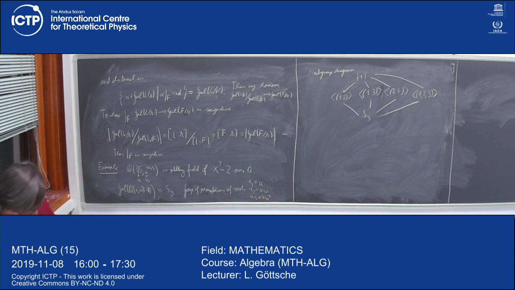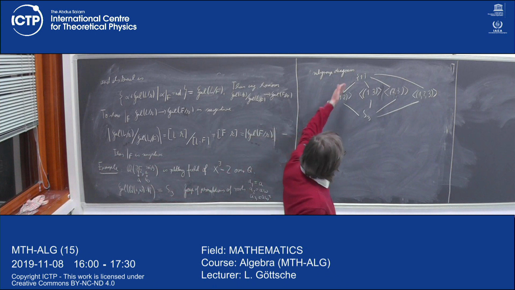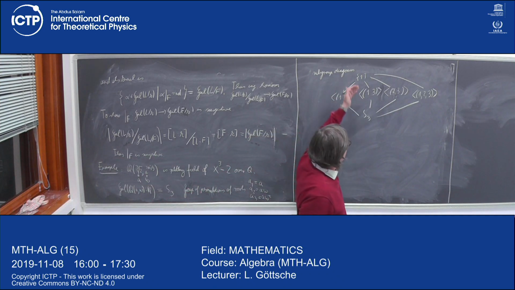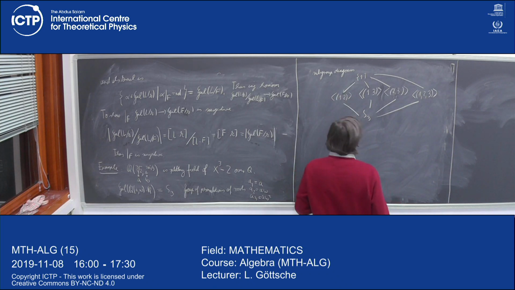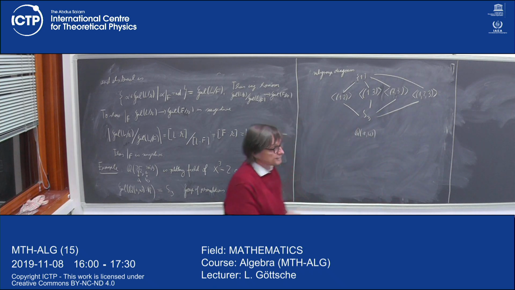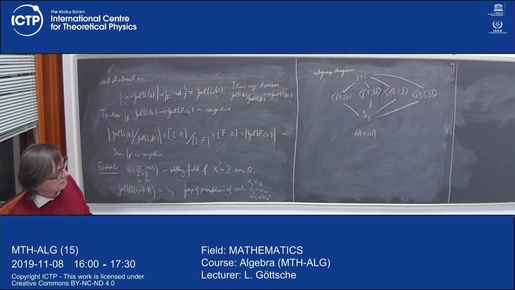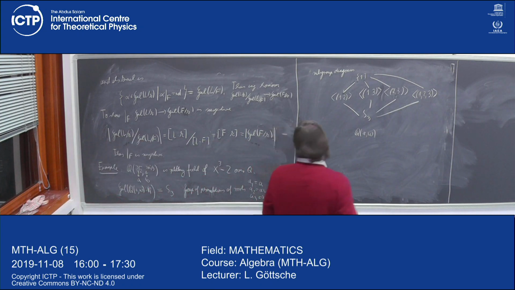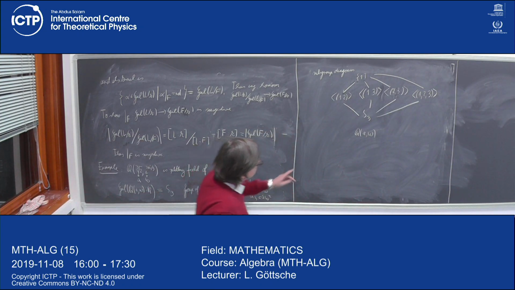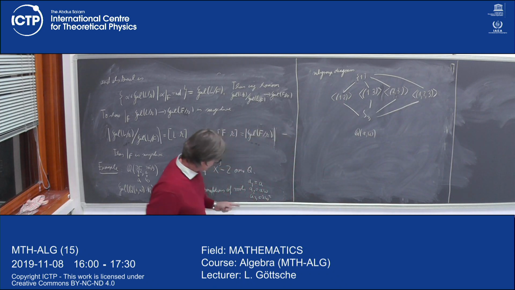And now we want to look at the corresponding diagram of fields. We should have a precisely corresponding diagram. So the field corresponding to the trivial group is the whole field, since it's the fixed field of the identity. So now, what is it if we permute these two? So we want to permute A1 and A2 and leave A3 fixed. So what is an element which is fixed by this? Obviously A3.